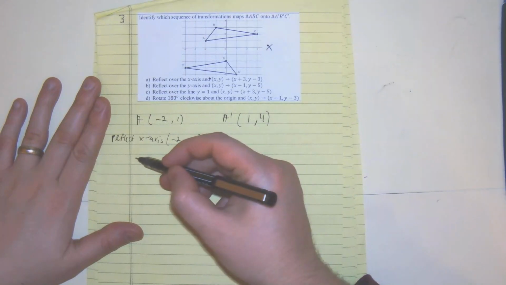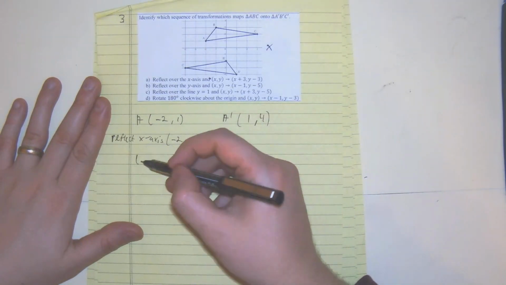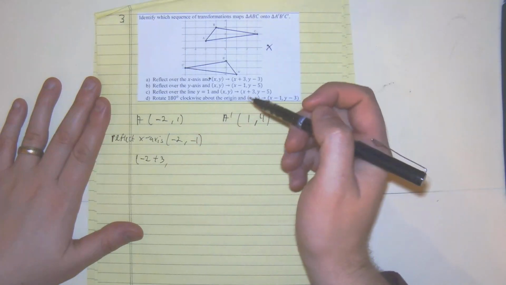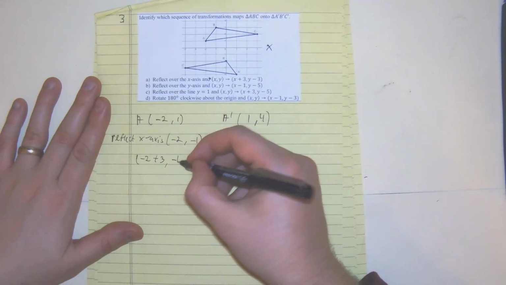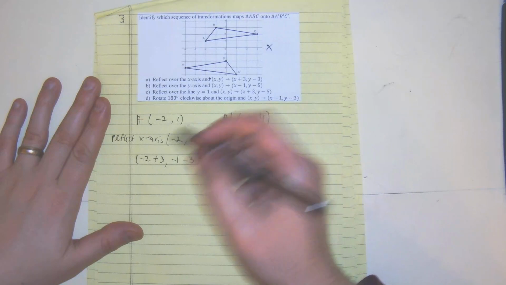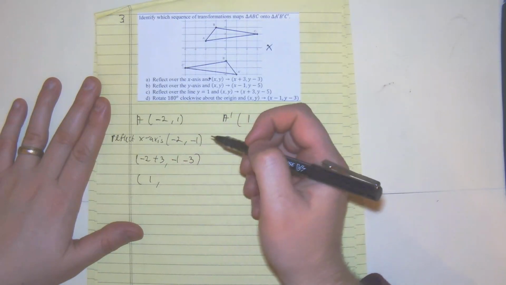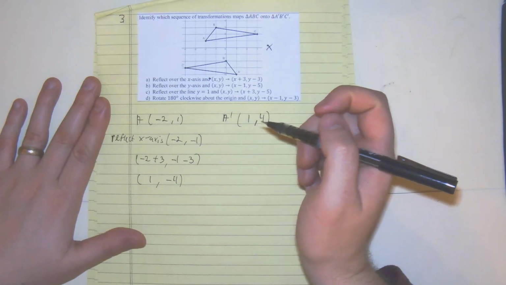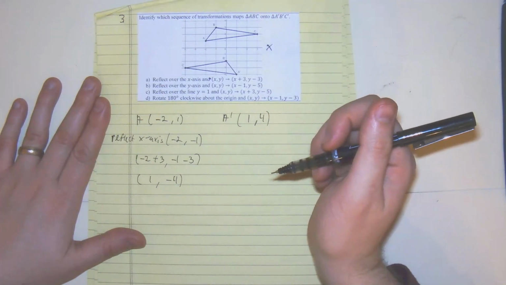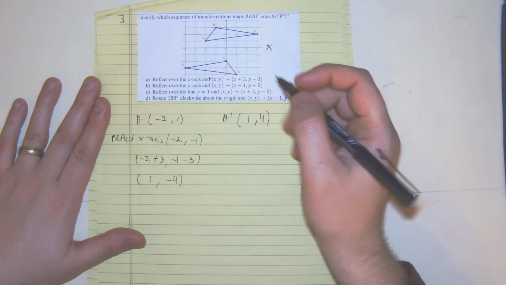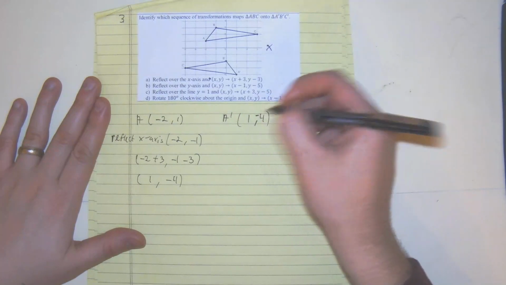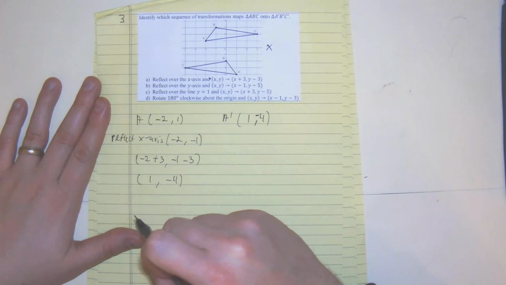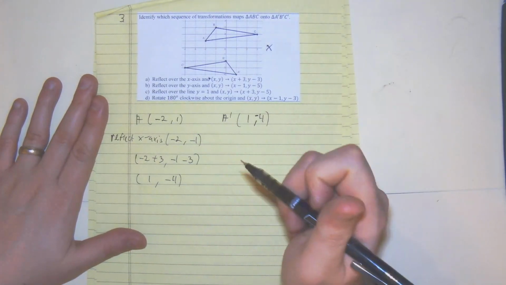So we plug that in: -2 plus 3, then y, -1 minus 3. We get (1, -4). Well, that's a -4. How could I make that mistake? So we are very close to getting it. Oh, did we get it?